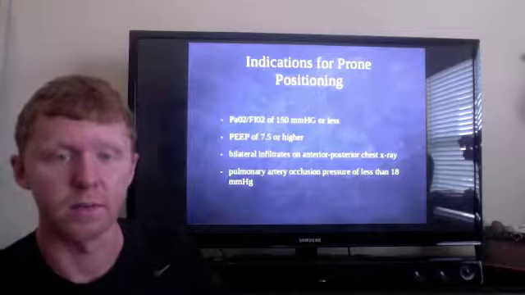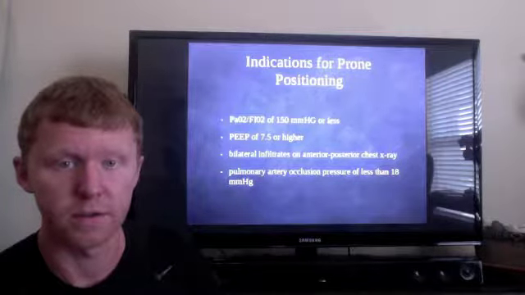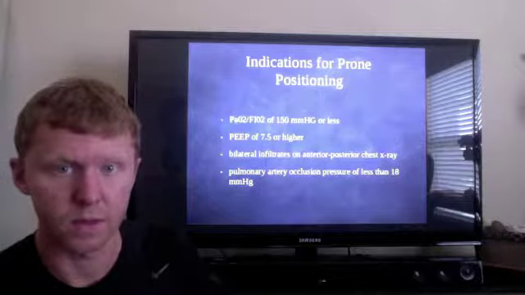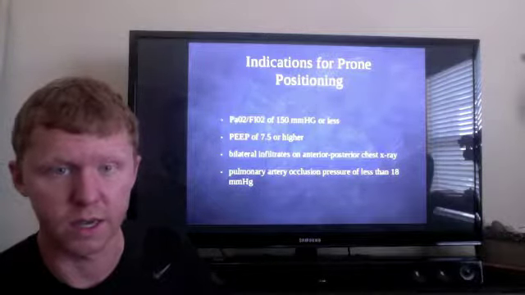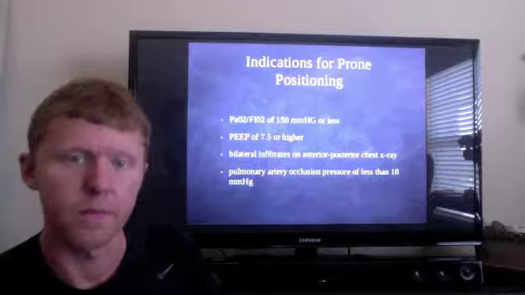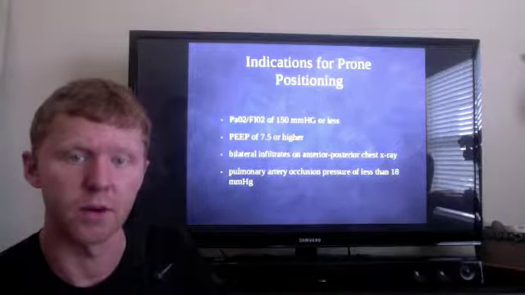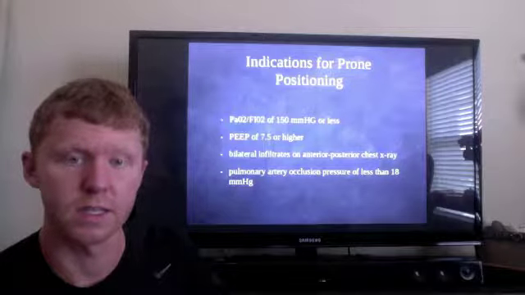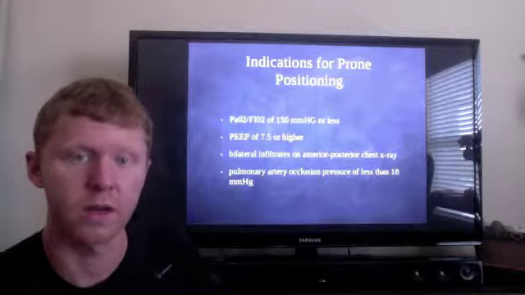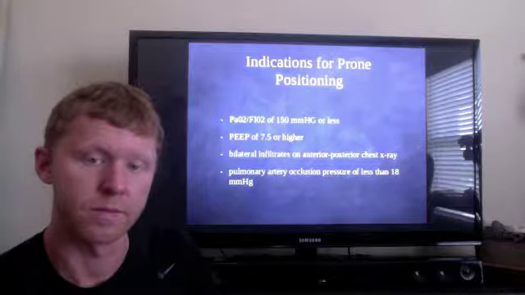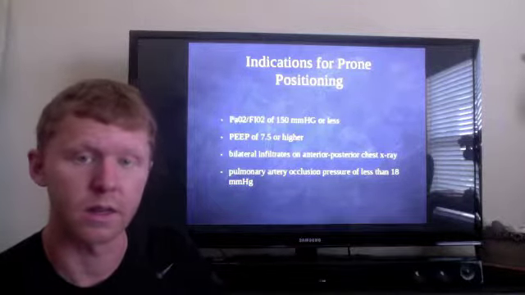And a patient receiving PEEP of 7.5 or higher can receive prone positioning. And then bilateral infiltrates on a chest x-ray, and pulmonary artery occlusion pressure of less than 18 millimeters of mercury. This shows pulmonary congestion in the lungs.